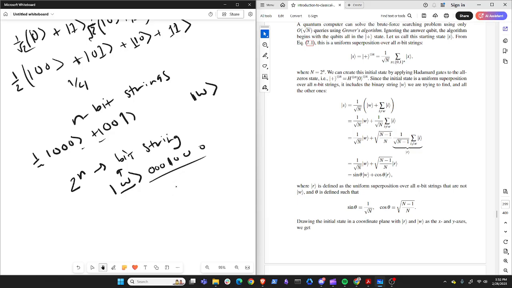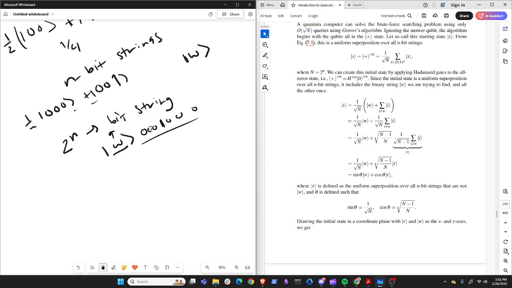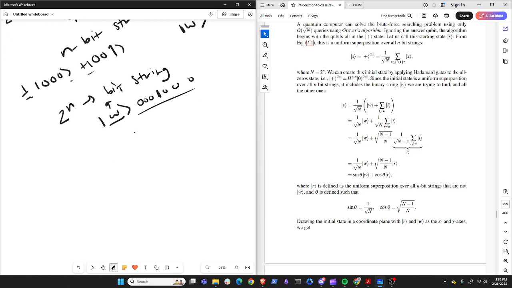So we can use that to rewrite this as S equals 1 over square root of n, the bit string W, plus the sum of all other states that are not W, represented by I, where state I is not the winner state W.